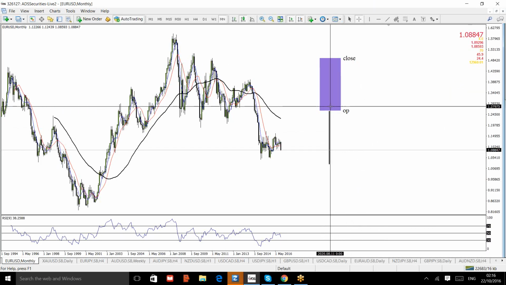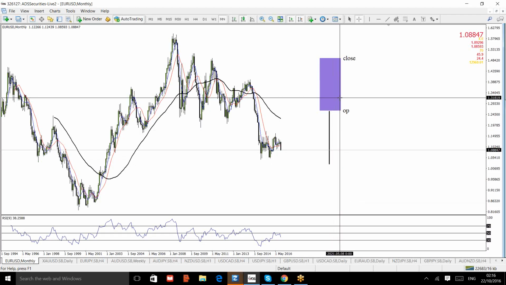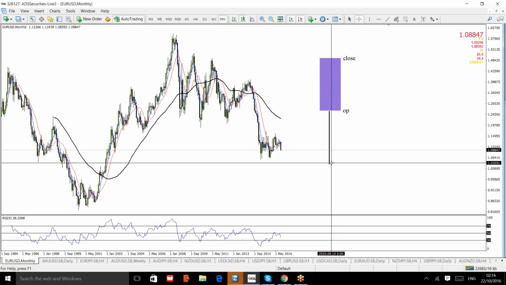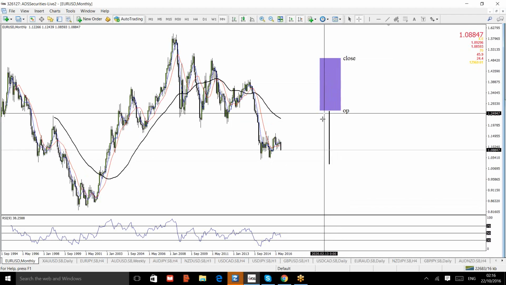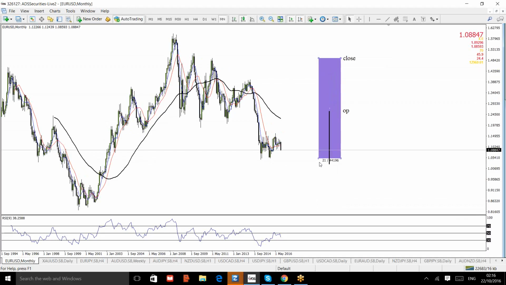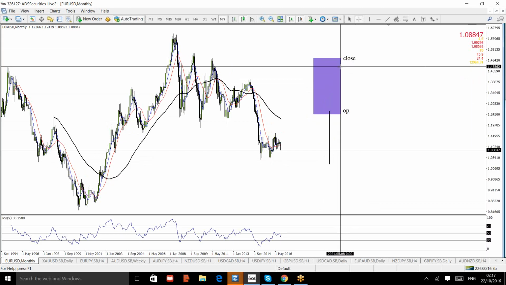At one stage, the price was here. Sellers had full control of this candle, right? Because of this wick, at one stage the price was here. Then buyers pushed the price up, and this candle closes here. So who wins? Buyers win. A strong victory for the buyers.